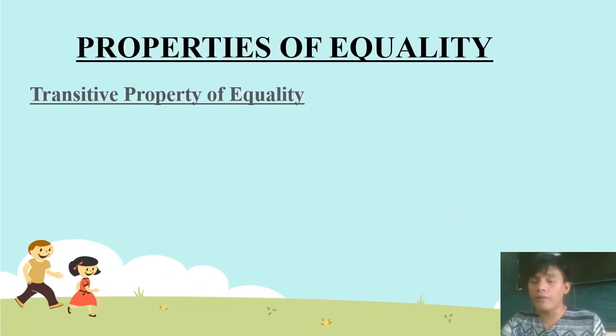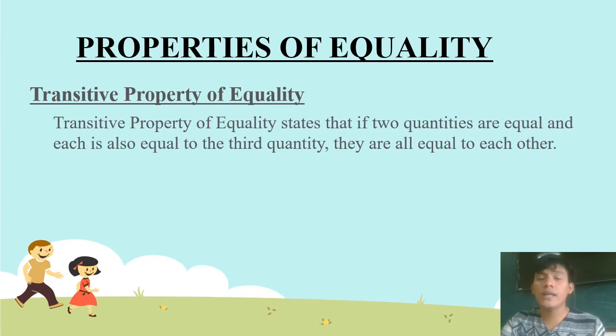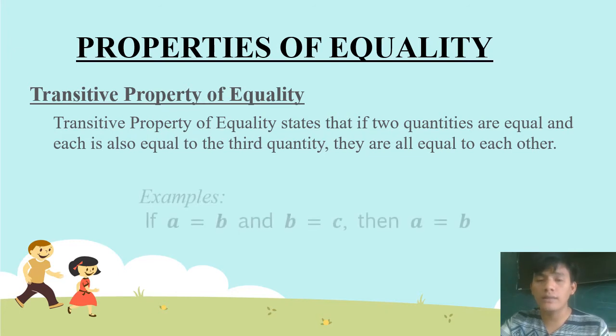Transitive property of equality. Transitive property of equality states that if two quantities are equal to a third quantity, they are all equal to each other.